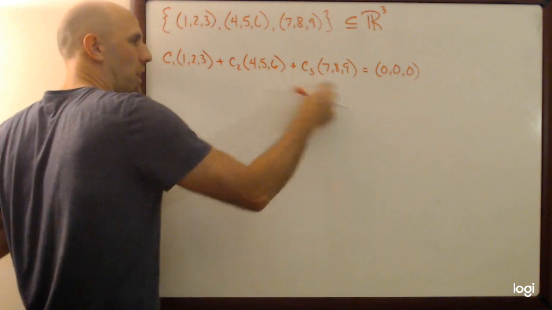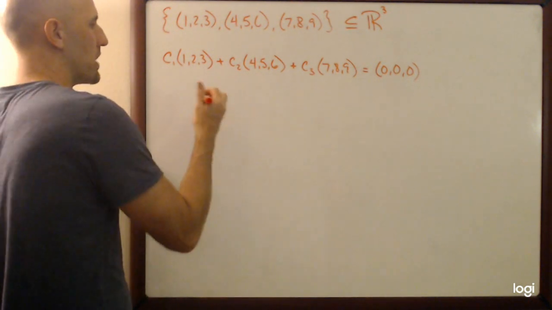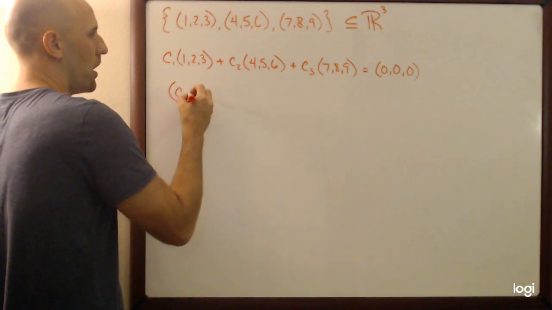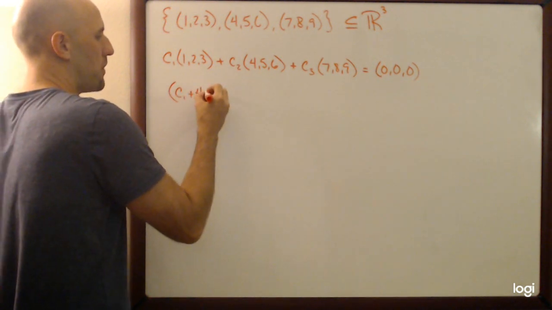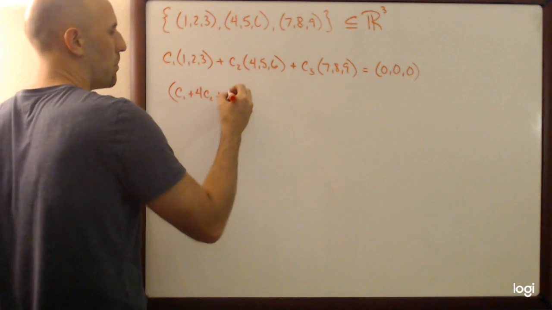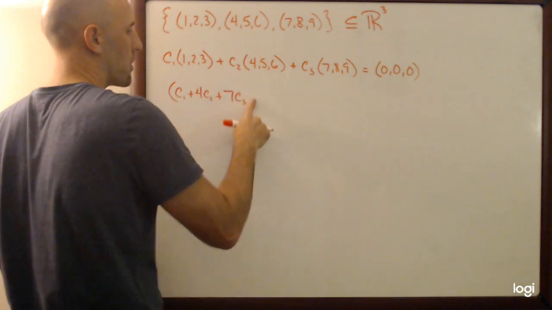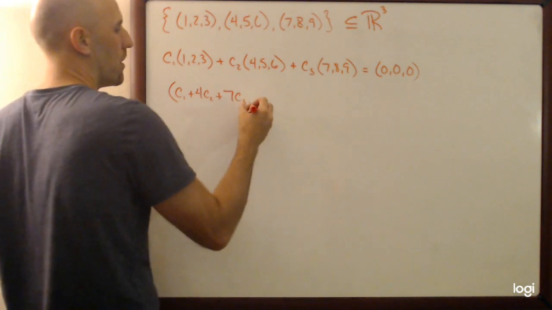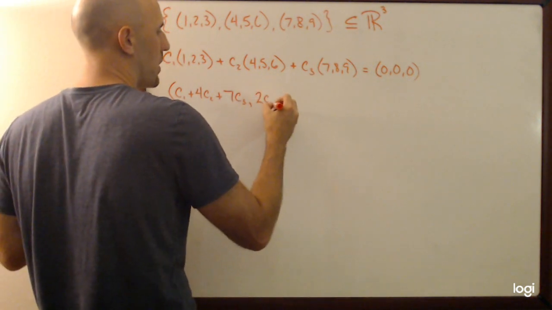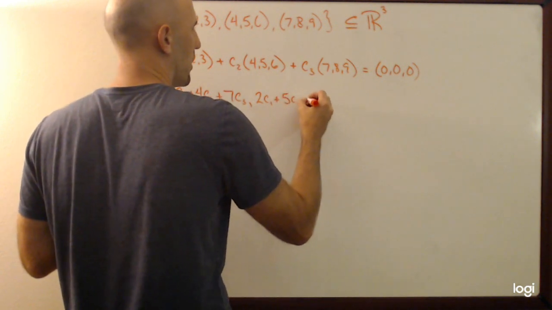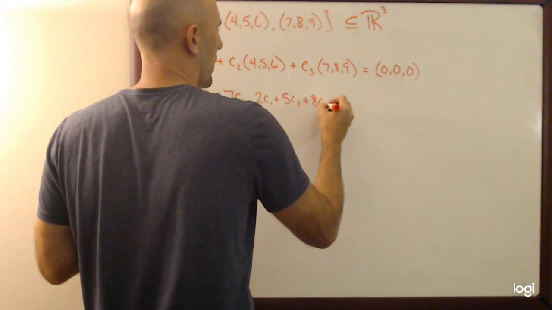Distributing in each of these and then adding the vectors together, I get the following. I get C1 plus 4C2 plus 7C3. That's my first component. Second component, 2C1 plus 5C2 plus 8C3.